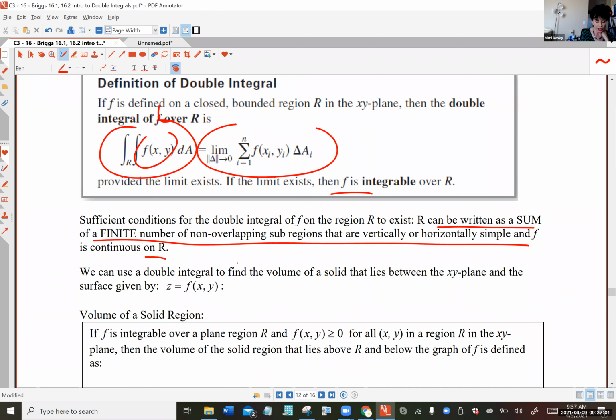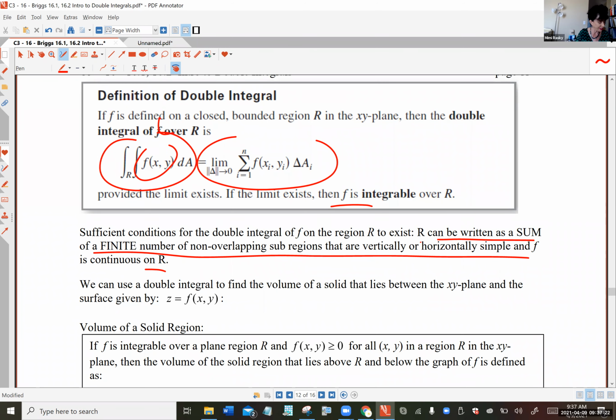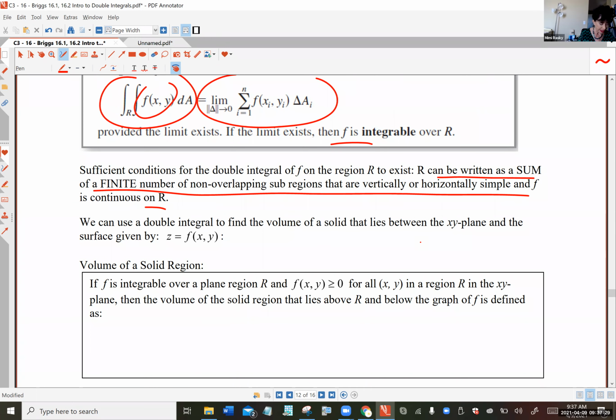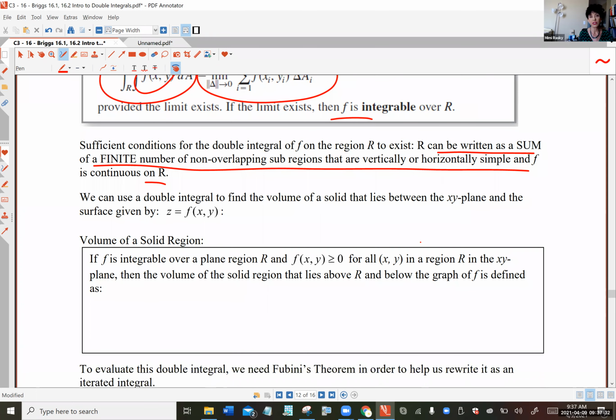The conditions you're restricted to, if you're going to use this as a volume: R has to be able to be written as a sum of finite, non-overlapping subregions that are either vertically or horizontally simple, and you need the function to be continuous on R. Otherwise, that double integral won't exist and you'll get something weird. If those conditions are met, everything's happy. It is possible to use the double integral as representing the volume of a solid.